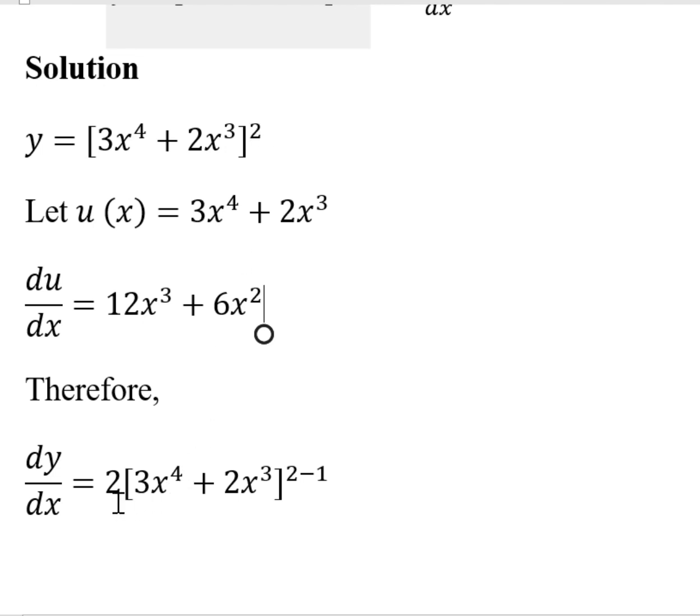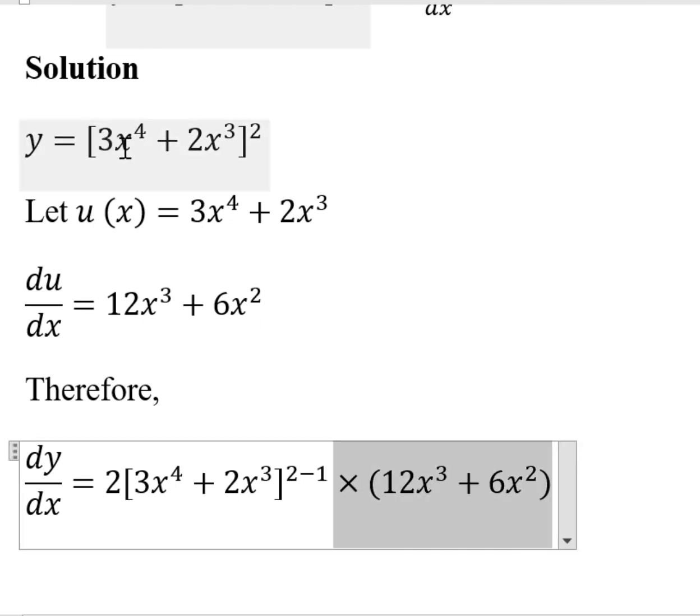So we have 2 into 3x raised to power 4 plus 2x cubed, then raised to power 2 minus 1, times the derivative of what was inside here, which we have calculated and found to be 12x cubed plus 6x squared. So we have first taken this 2, multiplied by the whole of this, then raised it to power 2 minus 1. Then when we finish that, we multiply by the derivative of the content.